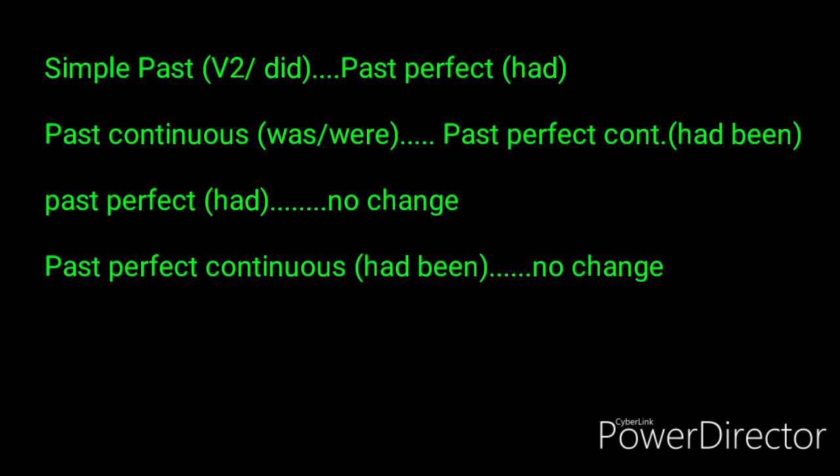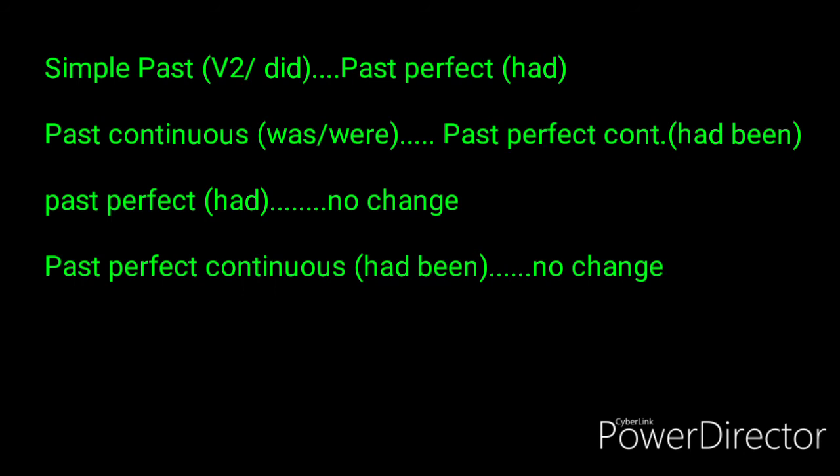Past continuous tense. Past continuous tense contains two helping verbs, was and were. And past continuous tense is changed into past perfect continuous tense. And the helping verb of past perfect continuous tense is had been.